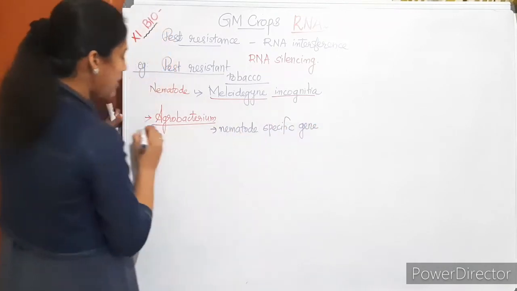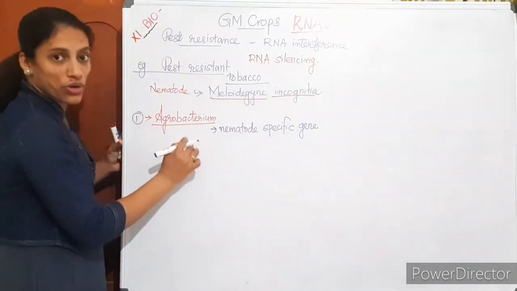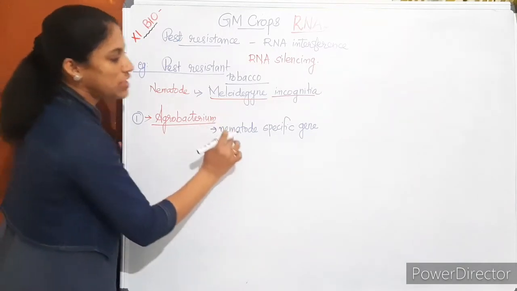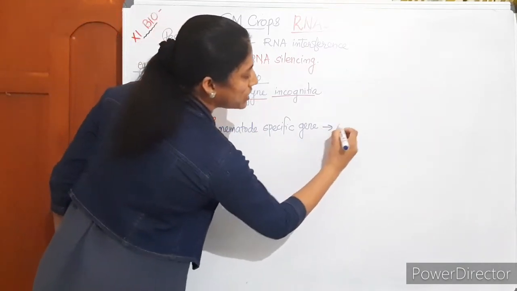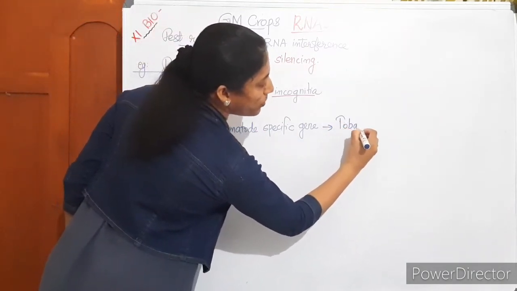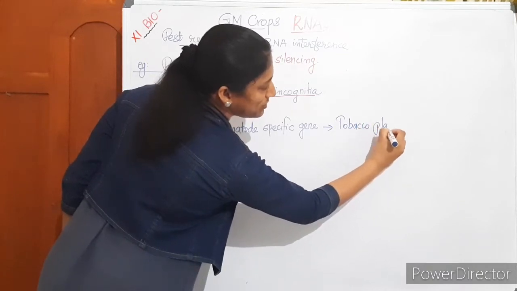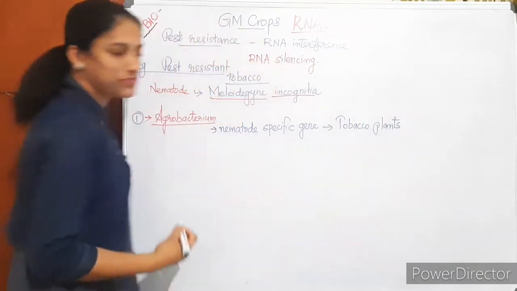In the first step, with the help of agrobacterium as vector, the nematode-specific gene is introduced to tobacco plants. Okay, that is the first step.